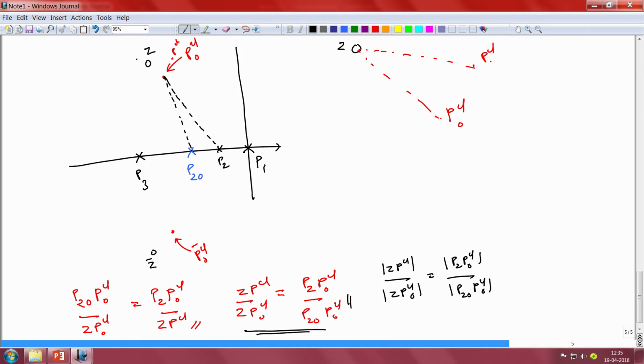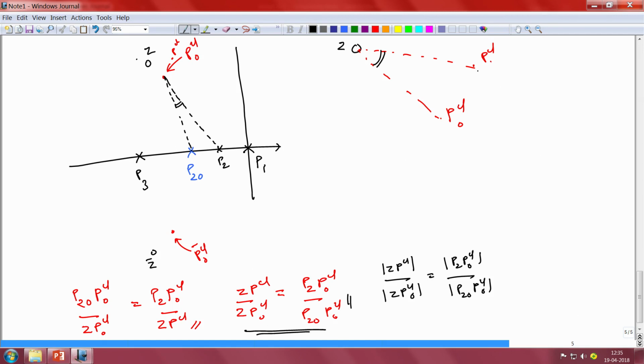Likewise, what we can also say, if the ratio of these two complex numbers is equal to the ratio of the other two complex numbers, is that the angle between the complex numbers ZPCL and ZPCL naught should be equal to the angle between the complex numbers P2 PCL naught and P2 naught PCL naught. So what we have on our hands are four complex numbers.